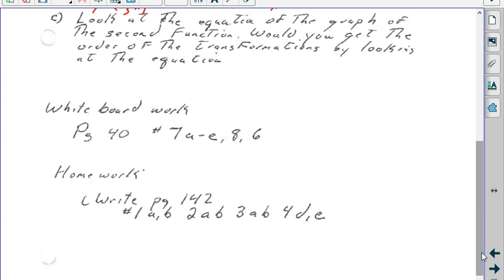Vertical reflection. Vertical reflection. It's going to be this way. Okay, 0. So if this was for this one, this would be y. And then for 9, it would be 8.